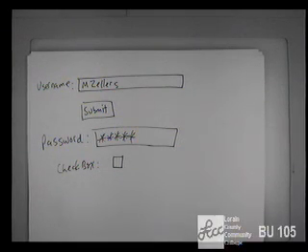A checkbox is a control that only has two possibilities, checked or not checked. So a checkbox is good for yes or no questions. So probably the most common one that you'll see is, do you agree with the terms and conditions of this website? You check yes, or you leave it unchecked for no. And if you leave it unchecked, then it knows not to process your form, because you have to agree for it to register on the site or whatever.